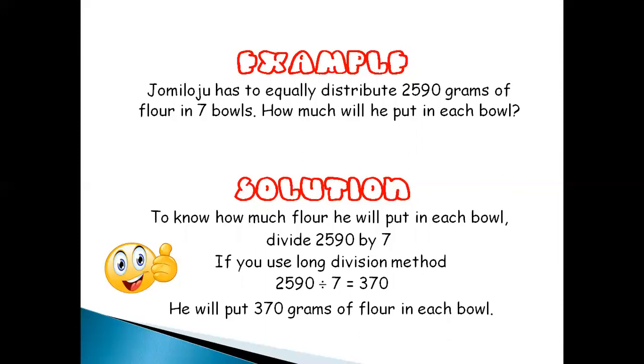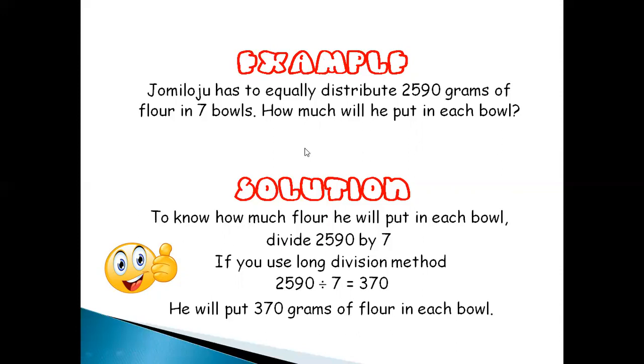Let's look at this. Jomiloju asked to equally distribute. From this word equally, it should give you a hint that you will be dividing. Jomiloju asked to equally distribute 2,590 grams of flour in 7 bowls. How much will he put in each bowl?